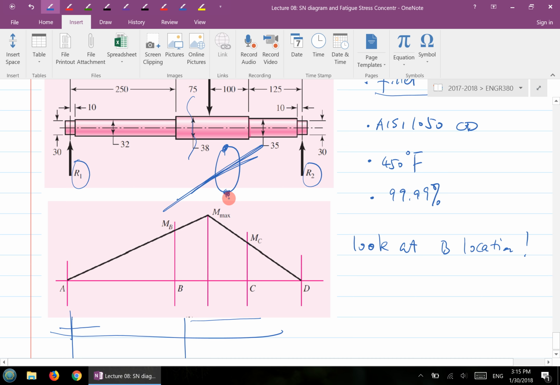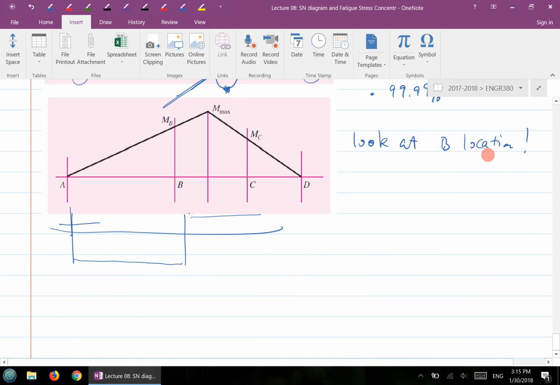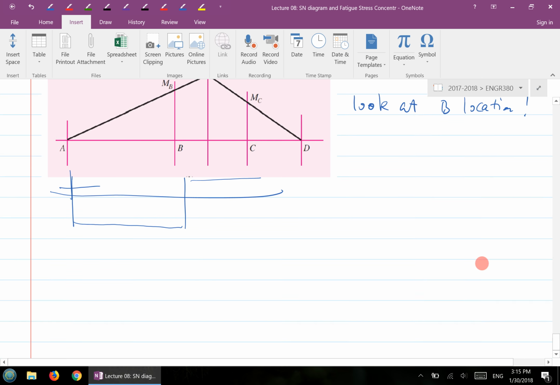So having this clear as to where you want to look and what type of stress you want to look at, now we can jump into this question and nail the answer.